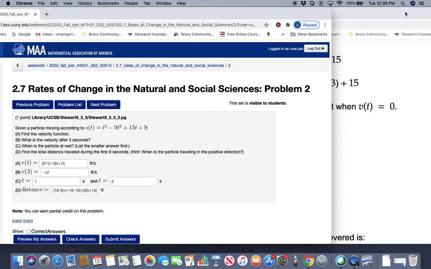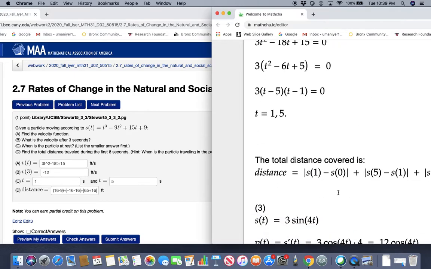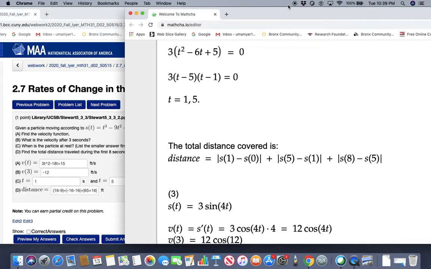Now total distance. Total distance is given like this. Since it is the total distance covered during the first 8 seconds, you're starting at 0. So don't forget absolute value. Why absolute value? Because you could be moving back. So you want to make sure the total distance is the absolute value of s of 1 minus s of 0.